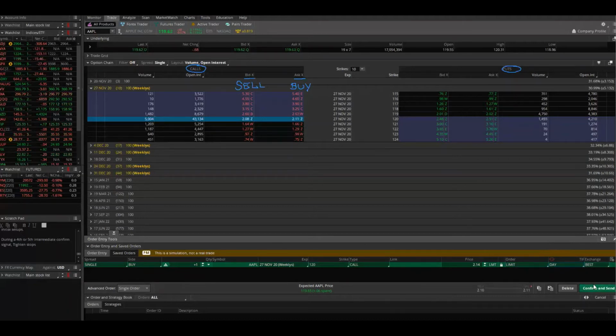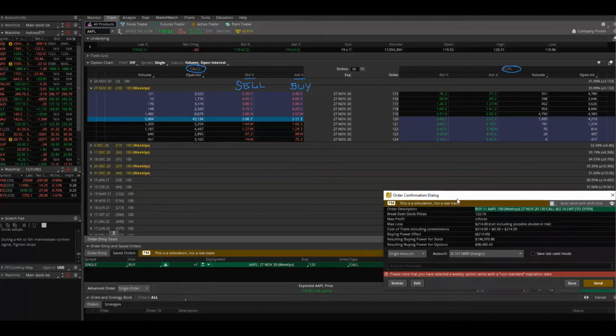And then in order to execute it, you just hit confirm and send. And this is your order box. Okay, this is your confirmation to tell you what you're doing. So you're buying one Apple contract. You can see that the break-even price for you to have lost or made zero money is 122.14. So this needs to move up to 122.14 in order for you to be at break-even. Our max profit is infinite, right?